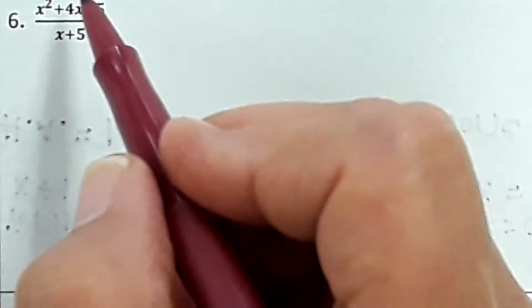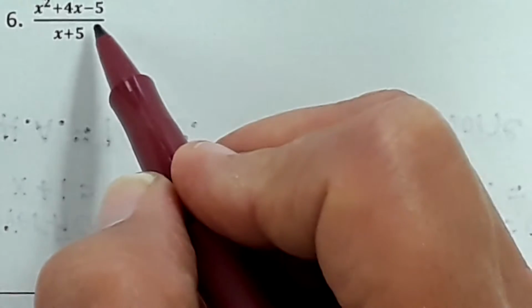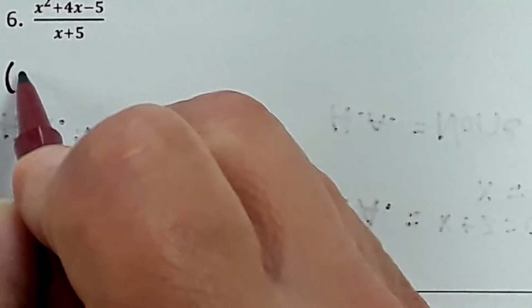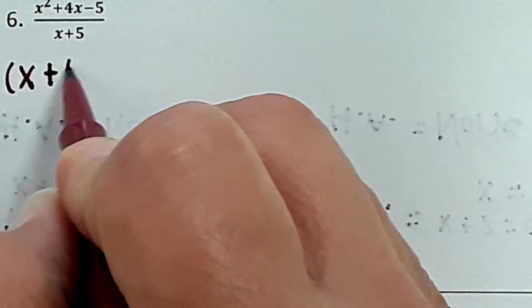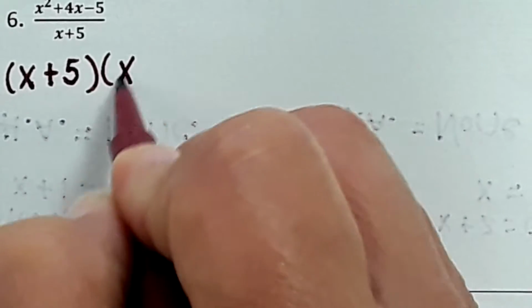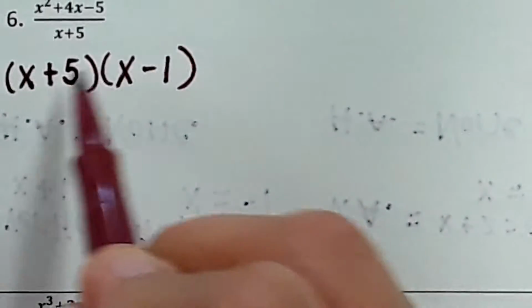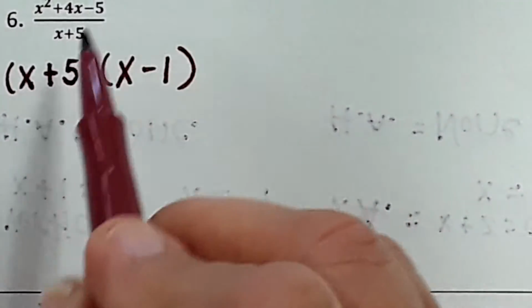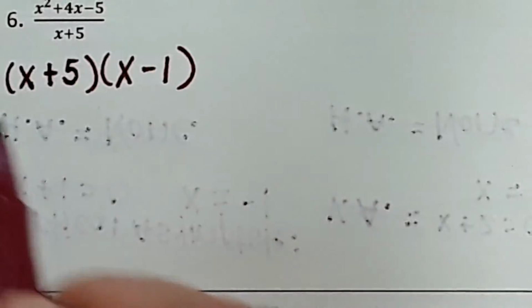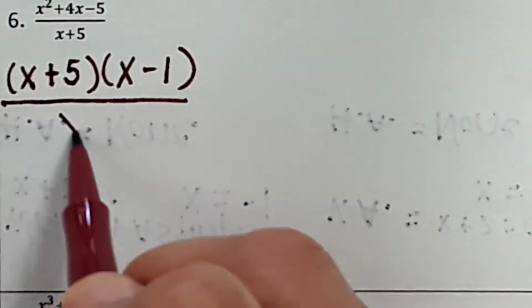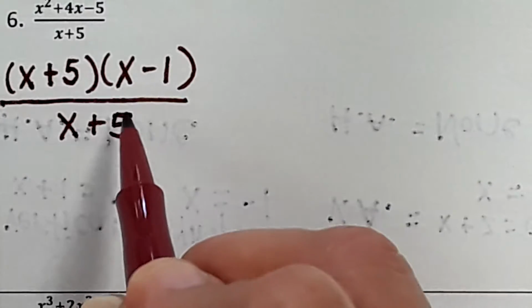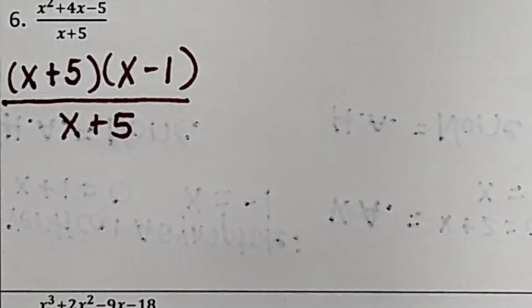What are two numbers you can multiply to get -5, and when you add them, you get +4? 5 and -1. Okay. So it's going to be x plus 5 and x minus 1, because 5 times -1 is -5, and 5 plus -1 is +4. And then we have x plus 5 on the denominator.